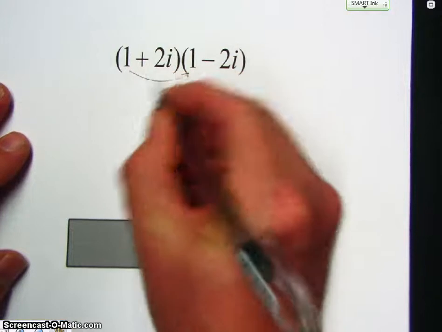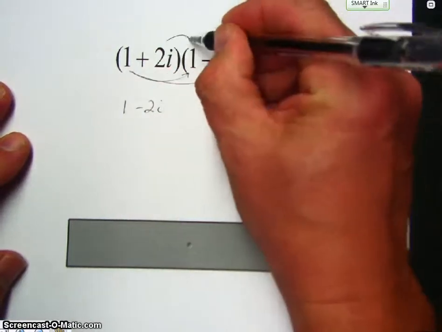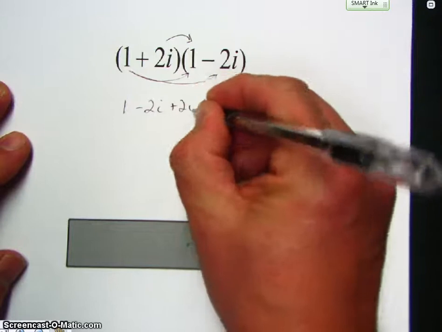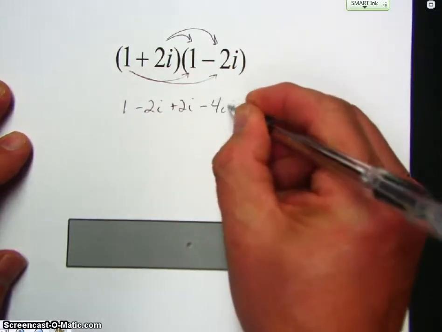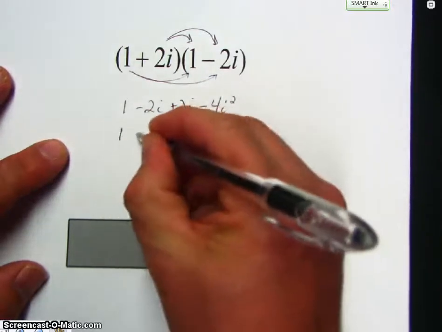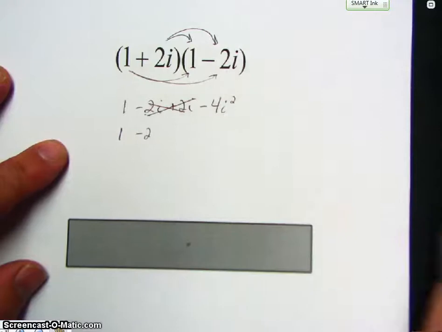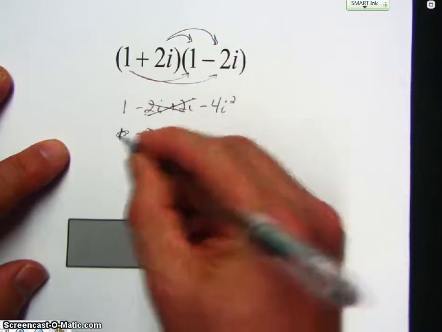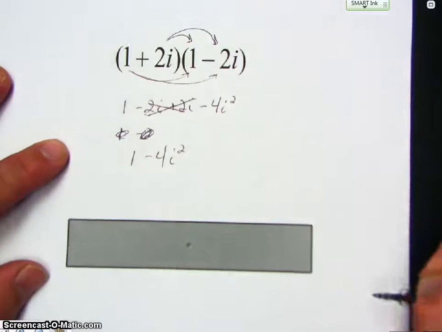We're going to do 1 times 1 is 1. 1 times -2i is -2i. 2i times 1 is 2i, and 2i times -2i is -4i squared. All right, so you got 1 minus 2i, well, -2i, those are opposite terms, so they cancel out, so it's 0. So you're just left with 1 minus 4i squared.